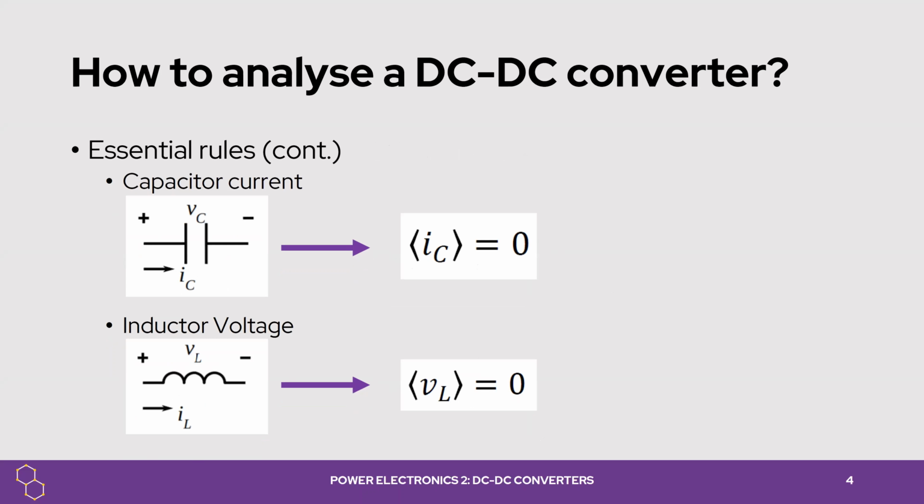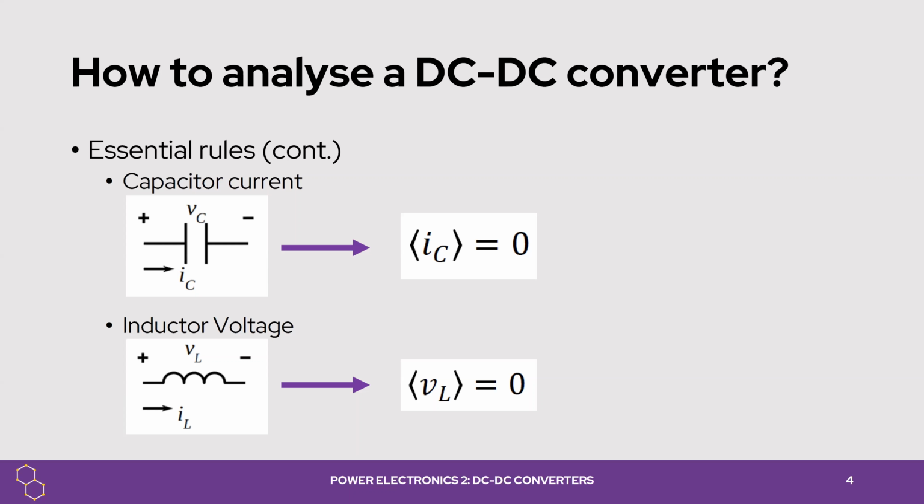So if we continue on essential rules, our third rule is finding the capacitor current in PSS conditions. In PSS, the initial voltage and ending voltage in a periodic cycle across a capacitor are the same. So this leads to the average current flow into a capacitor being 0.